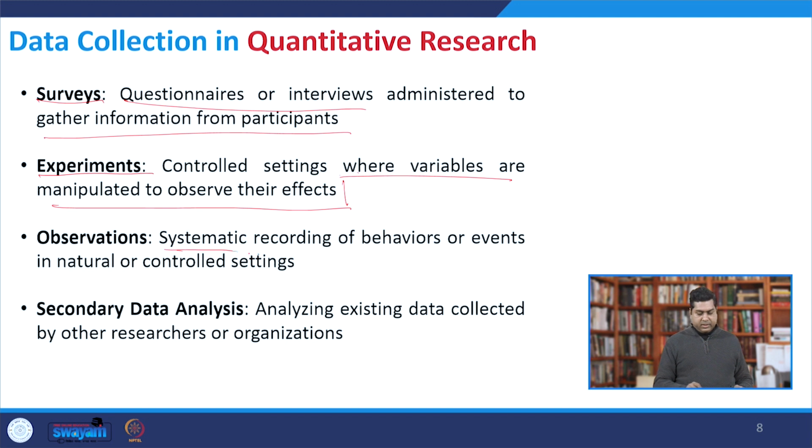Observations are the systematic recording of behavior or events in natural or control settings. Even if you set up a control environment and observe through some sort of camera, or just through your eyes, or else in a natural environment, you try to understand the trajectory of vehicle movement at a particular crossing.